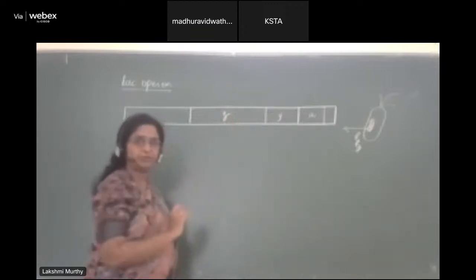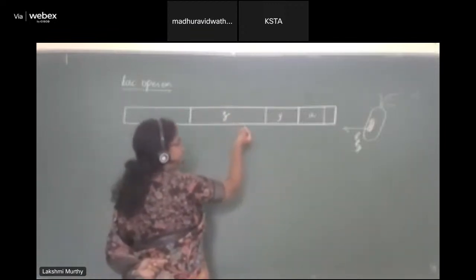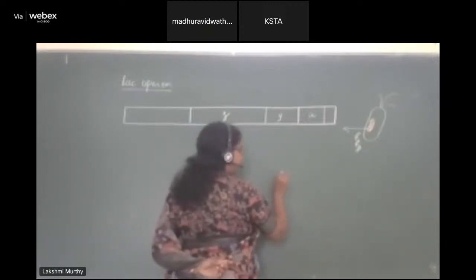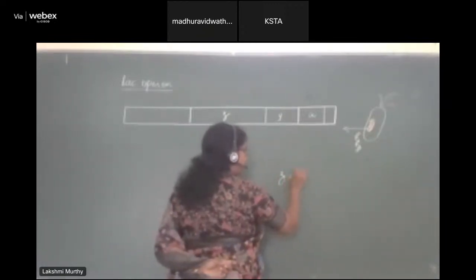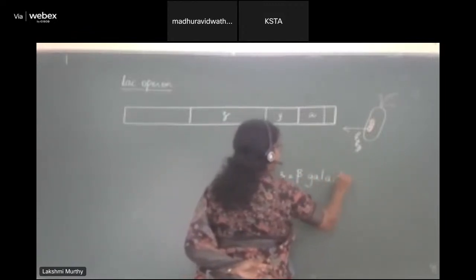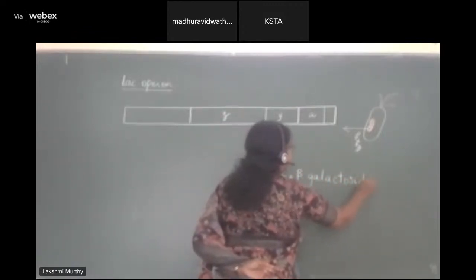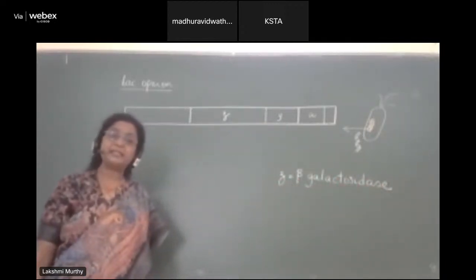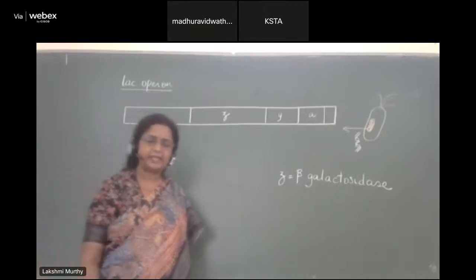What does Z produce? Z is responsible for a particular enzyme called beta galactosidase.